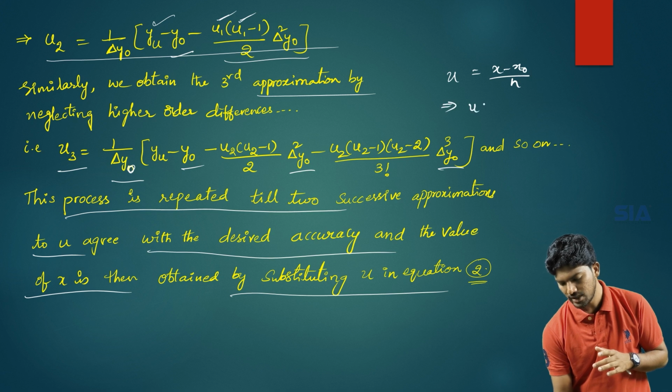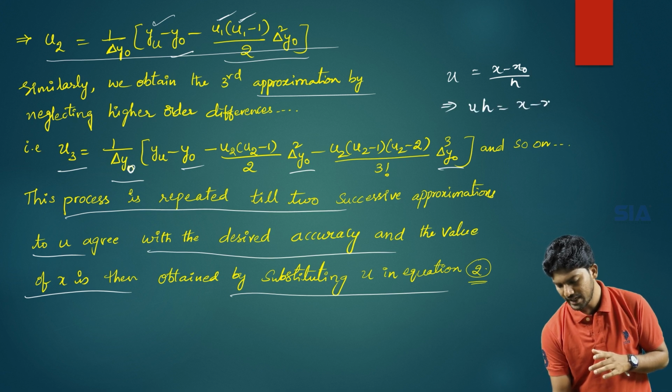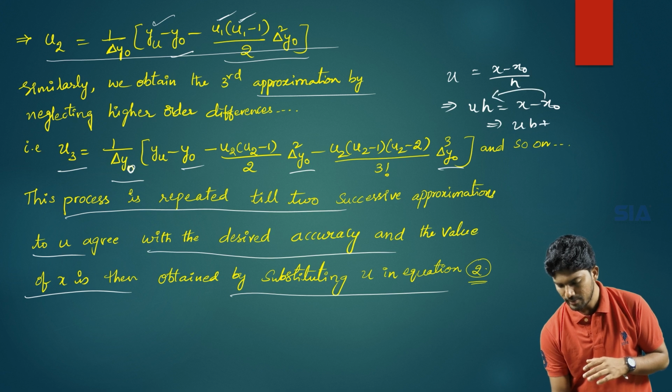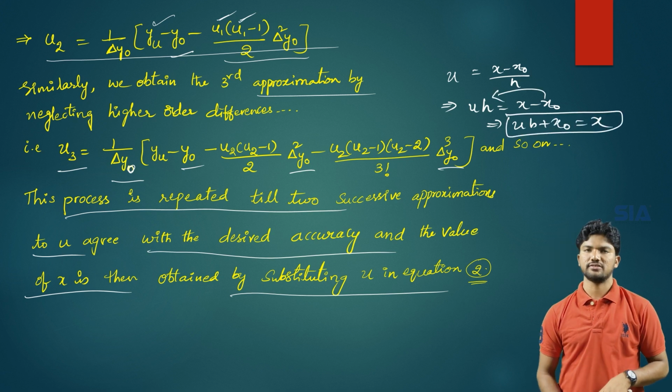From this, u into h is equal to x minus x naught. Sending minus x naught to the other side, u into h plus x naught is equal to small x. From this formula we get the value of small x.